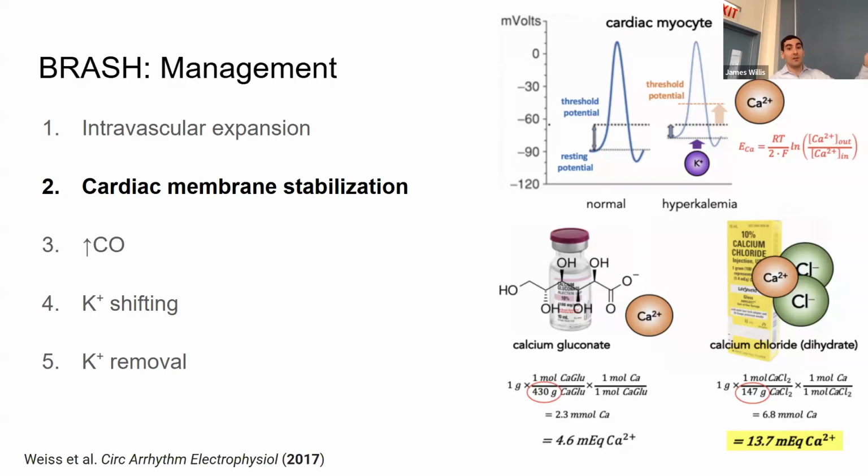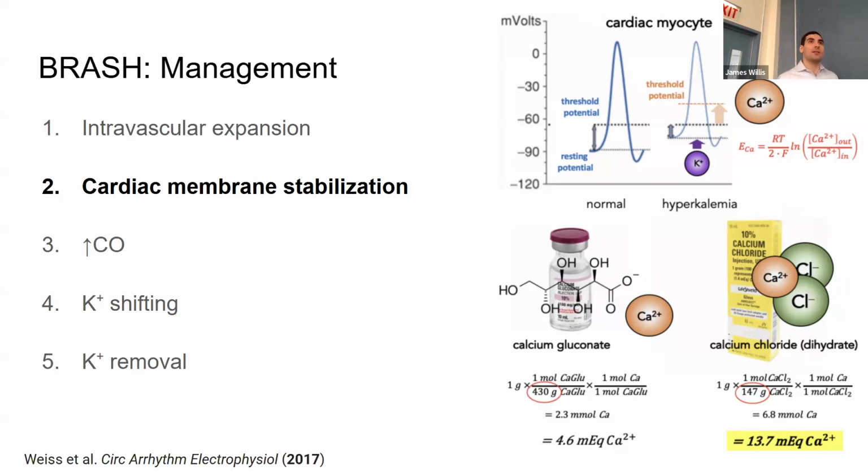When you give calcium, it raises the threshold potential, not the resting membrane potential, thereby temporarily restoring that electrochemical gradient. And that in turn exerts a shielding effect on these sodium channels, which makes the myocardium less excitable and less likely to go into a ventricular dysrhythmia.